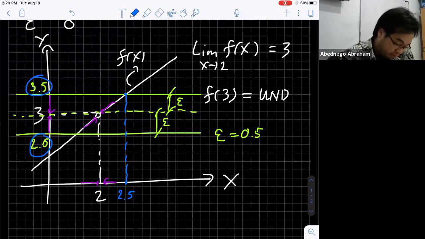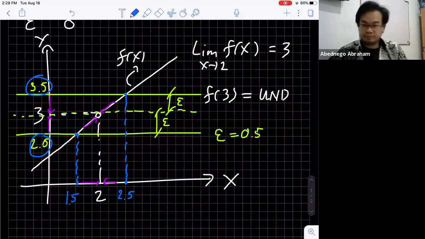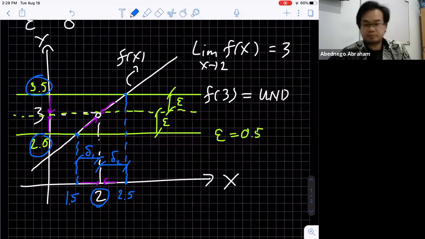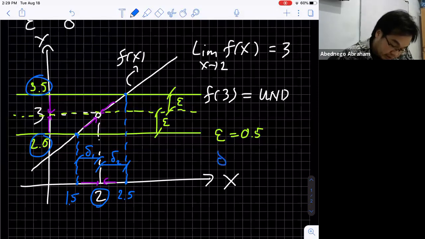The same with 2.5 on the other side, it hits the graph here, and the value of x might be, let's say, 1.5. So what is delta? In this case, delta is the distance between c, which is x equals 2, and these points. This is delta 1 and this is delta 2. Delta 1 is equal to 0.5 and delta 2 is also equal to 0.5.